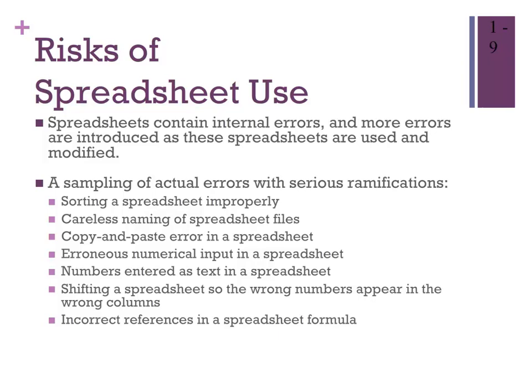If a spreadsheet gets copied and pasted, sometimes it can get shifted, so all the numbers appear in the wrong columns. Everything is off by one space, and you can have incorrect references in a spreadsheet formula. All of these are things that can easily happen, and so you're going to need to learn to look for them within your own models. They're the most common errors that beginning modelers and senior modelers will make in creating a model in a spreadsheet.